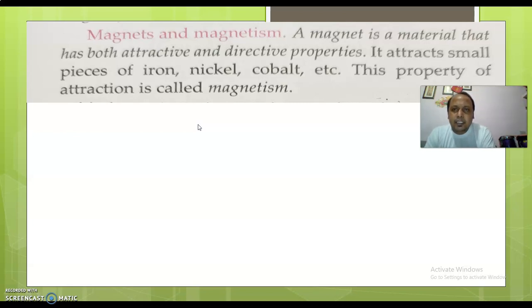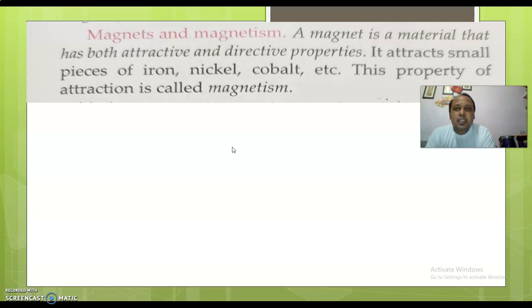Whenever we have a magnetic material, whether you place it near the north pole or near the south pole, in both cases there will be attraction only. Now further, a magnet has directive properties also. That is, when we suspend a magnet freely, then it aligns itself in the direction of the Earth's north and south.